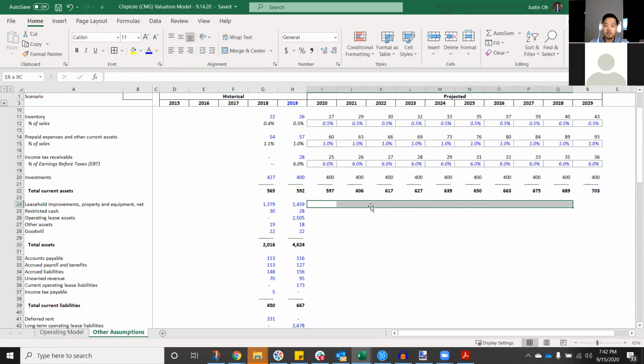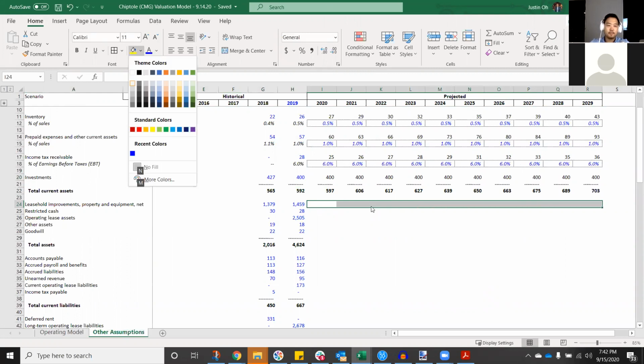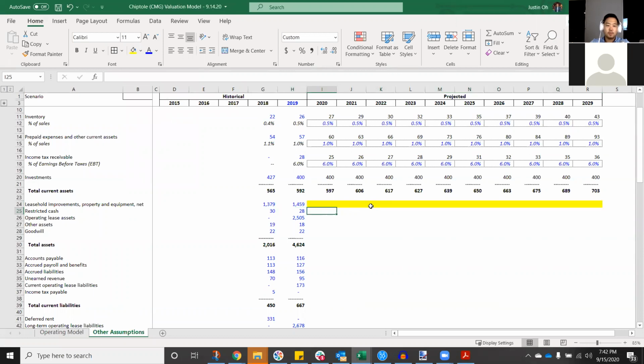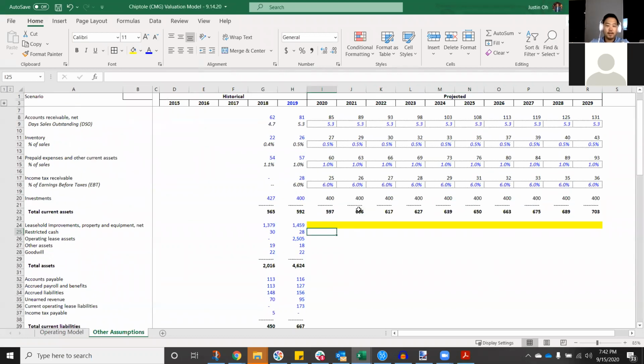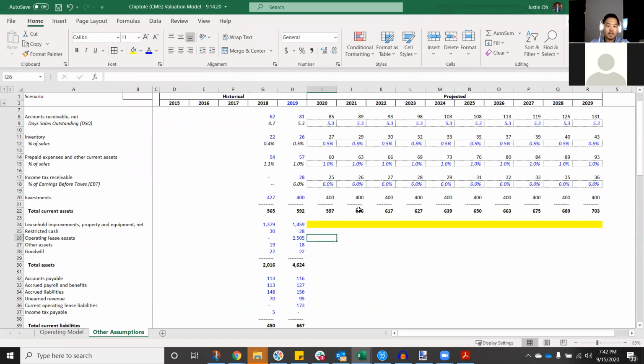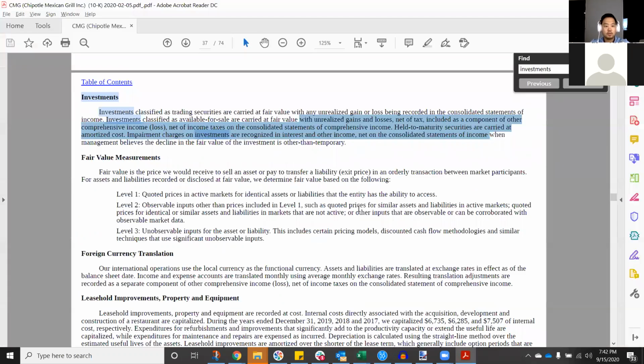So what I'm going to do is highlight. Restricted cash, that's the percentage of revenue. Operating lease assets, percentage of revenue. Operating lease assets. Well, let's look at it.